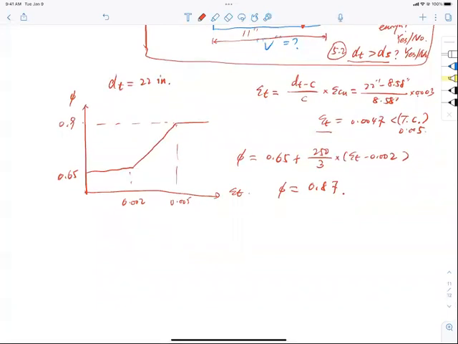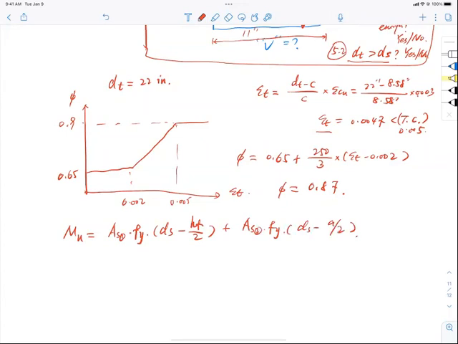Now with that, bear with me, folks, Mu equals As1 Fy (ds minus hf over 2) plus As2 Fy (ds minus a over 2). 2 moments, flange and web. I cannot stress enough, you have to have both.